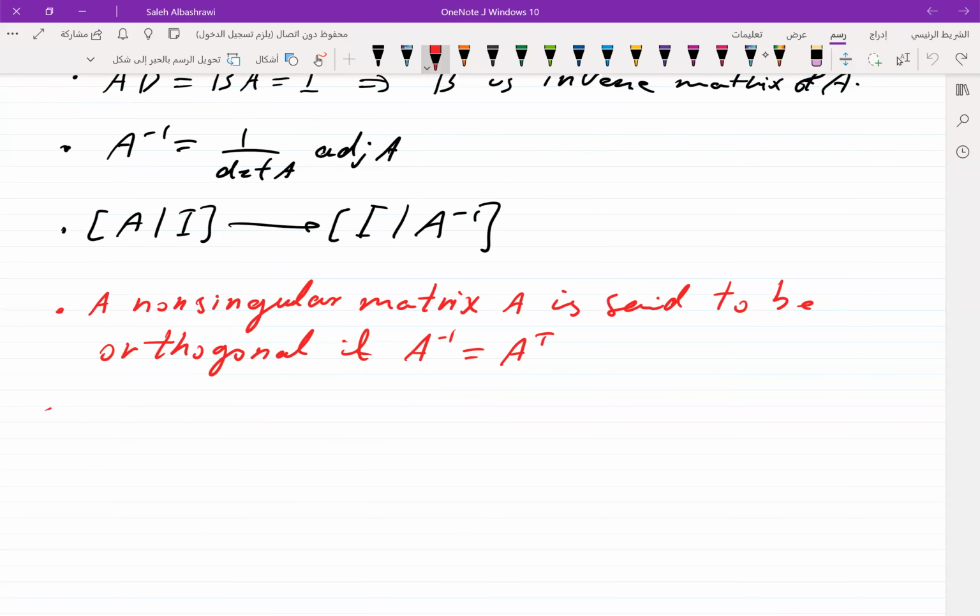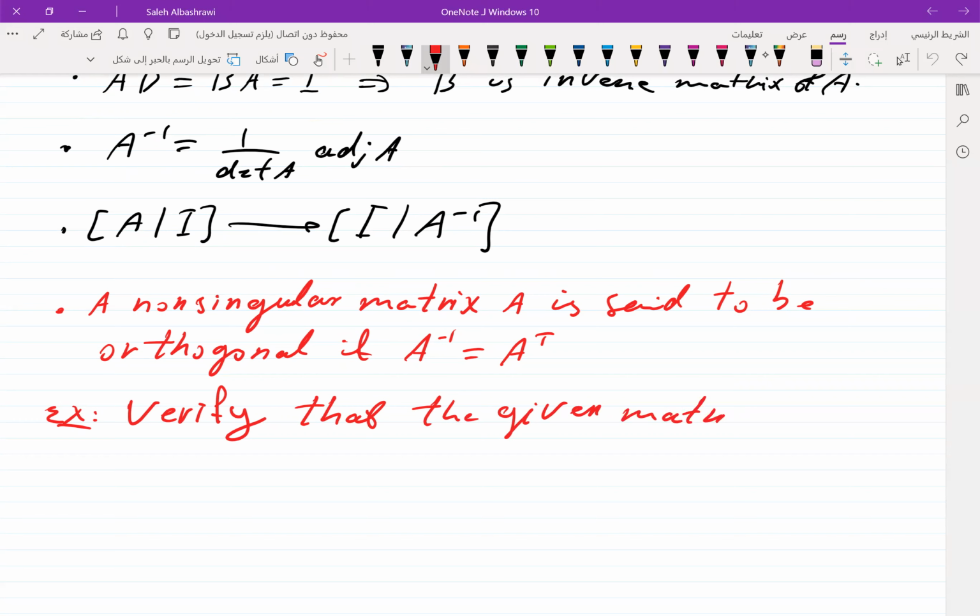Let's take some examples. Verify that the given matrix is orthogonal.